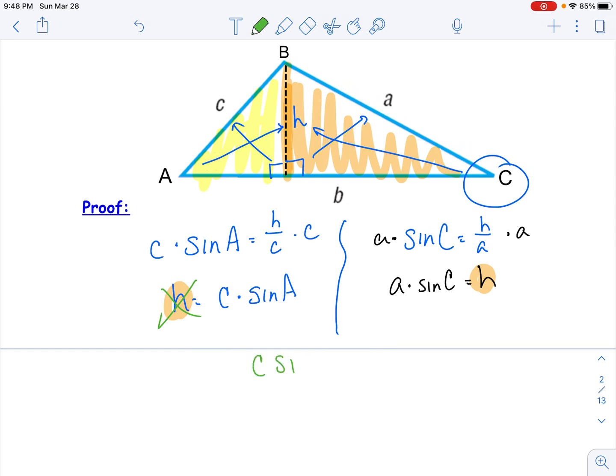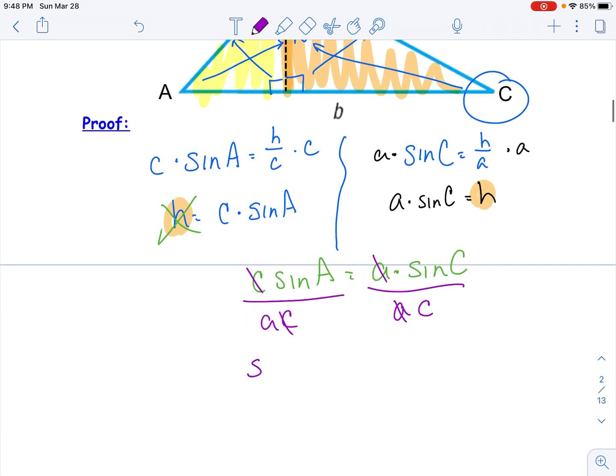That gives me C times sine of A is equal to A times sine of C. If I divide both sides by C, and also divide both sides by A, notice the C's reduce, the A's reduce, and I come up with sine of A over lowercase a equals sine of C over little c. And that actually gets me to the law of sines.